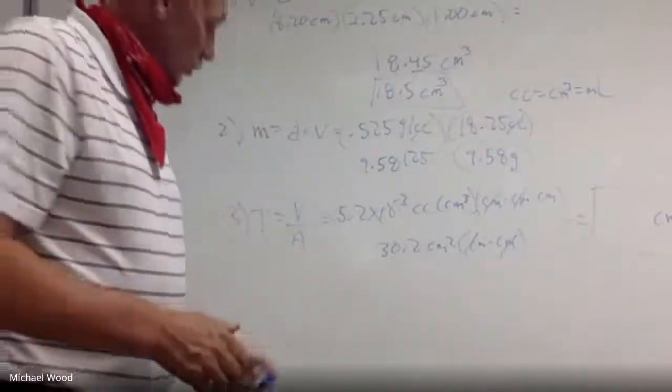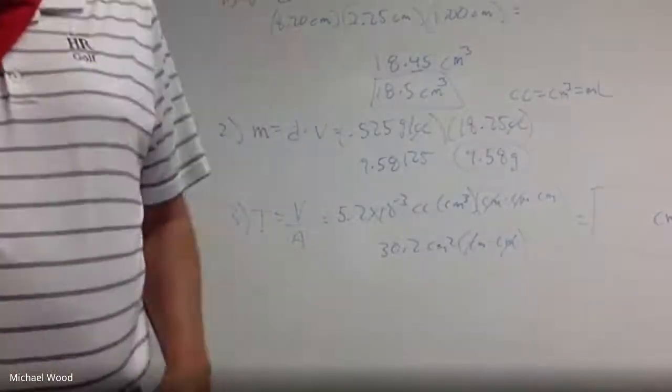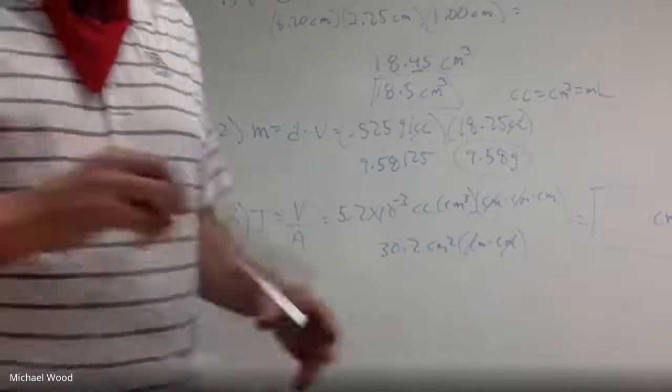Okay, the other thing I wanted to show you guys is the data table. So I'm going to go over here. So just get this up again. And this you guys can write down. Okay, so I'm going back to my overhead.